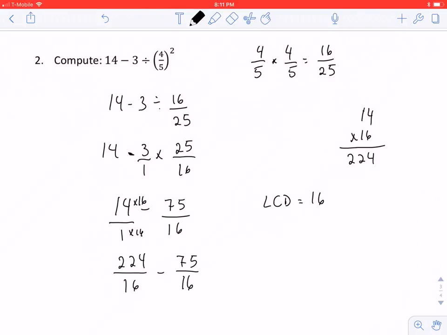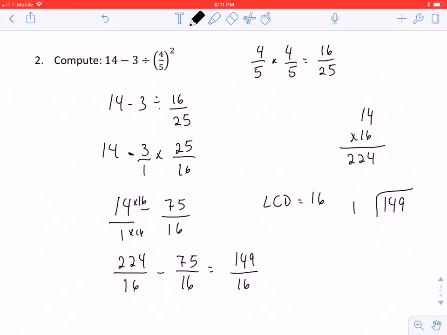We have like fractions. We can do the subtraction in the top. 224 minus 75 will give us 149 divided by 16. 149 divided by 16 is an improper fraction that we could convert to a mixed number.